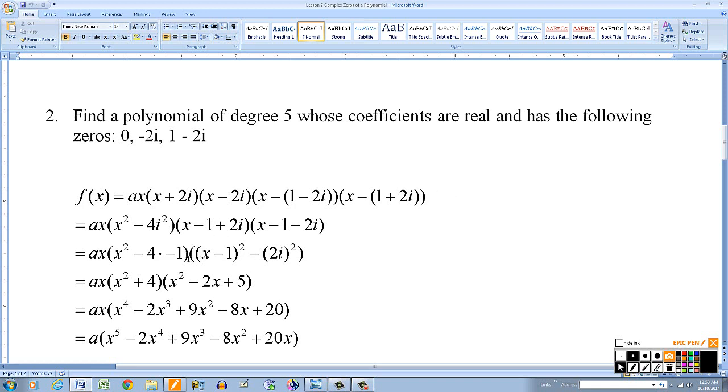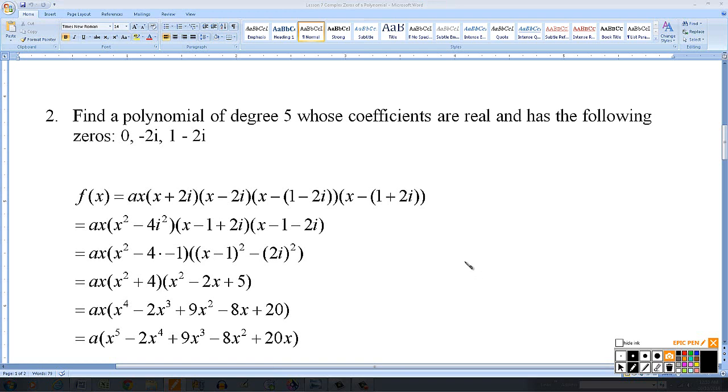So this part right here, x minus 1 squared, gives you x squared minus 2x plus 1. Let me write it out for you here. Or you can write it this way, x minus 1 times x minus 1.